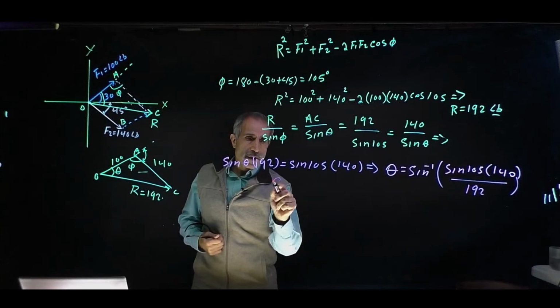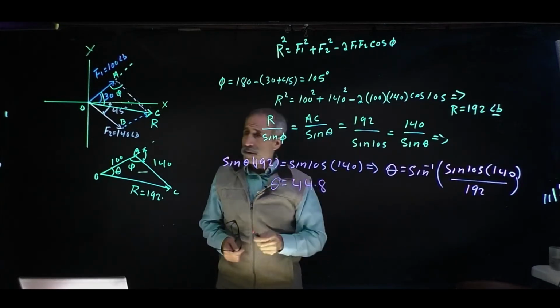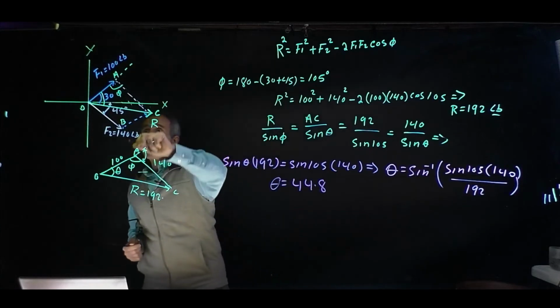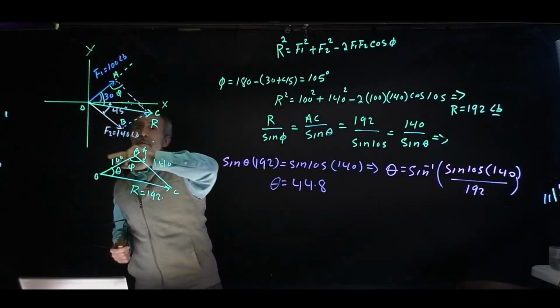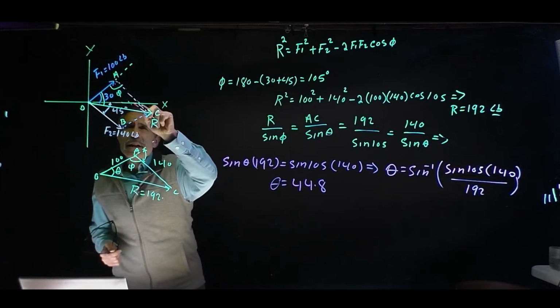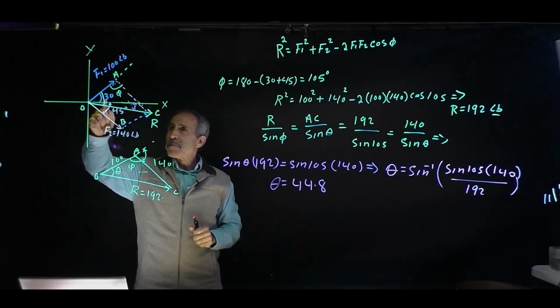And therefore theta comes out to 44.8. So this is the angle from here to the resulting force. But I'd like to know, what is this angle right here, the direction? That is basically this minus 30.